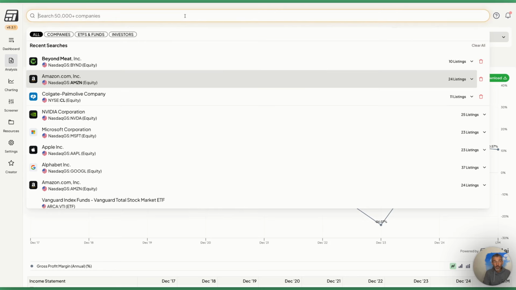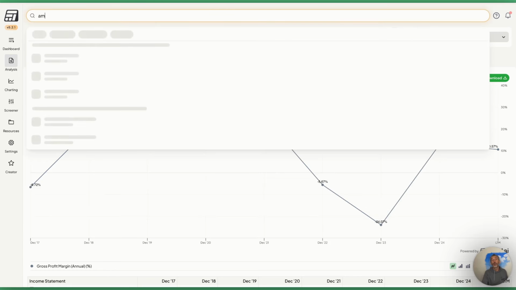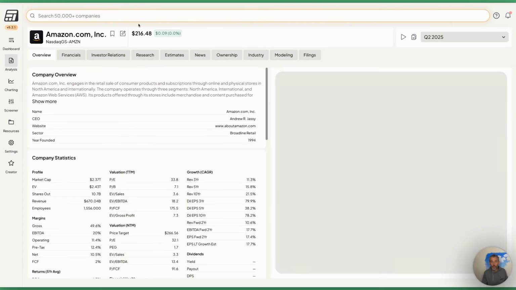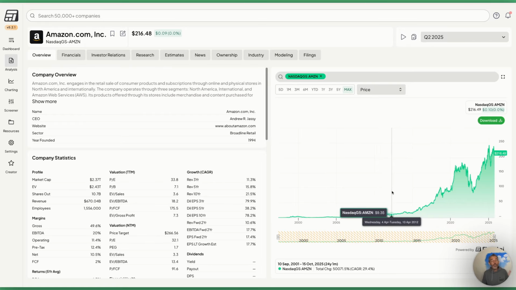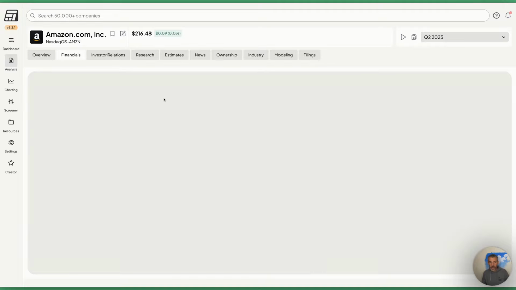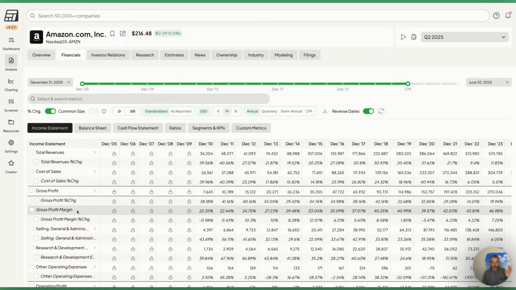What's one of the most impressive stocks to have owned over the last 15 years? Amazon. If we look at their stock chart right here, if you go back to even 2012, you could get it for $12 split adjusted per share, and it's up to $220 today. Now, unsurprisingly, if we head on over to financials and then we click on gross profit margin, look at what we see.